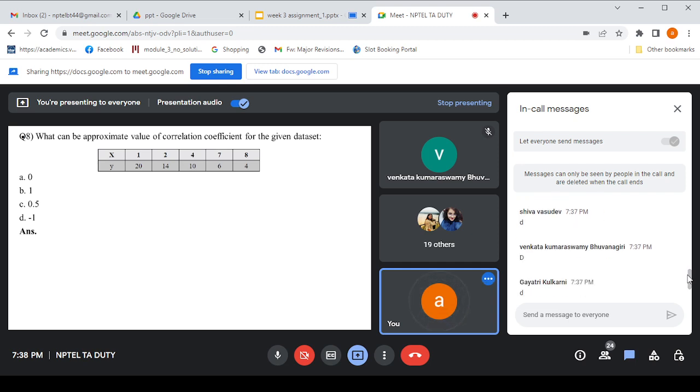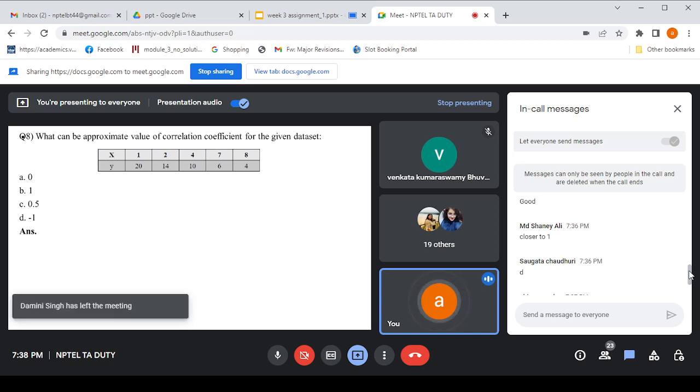Okay. So can I ask Mr. Shawatu Chaudhary, how can you find the approximate correlation value of this question?